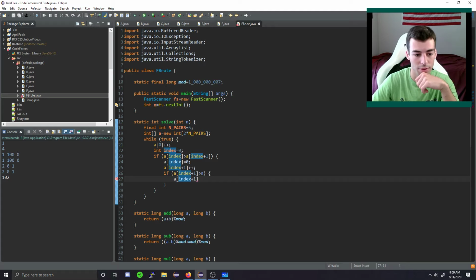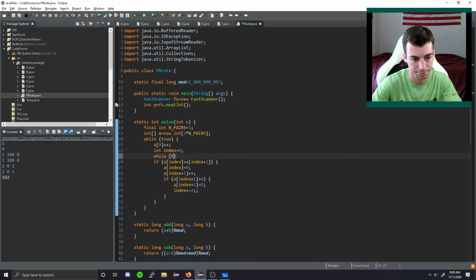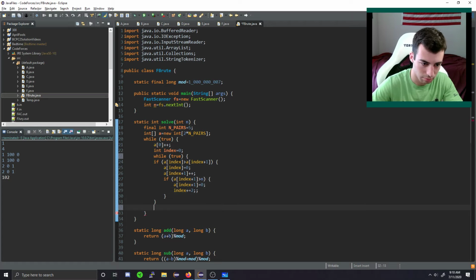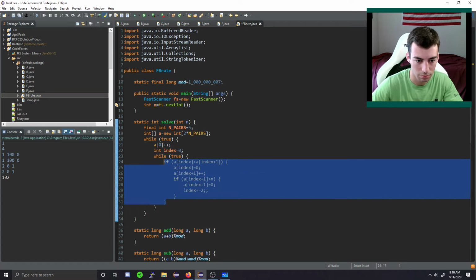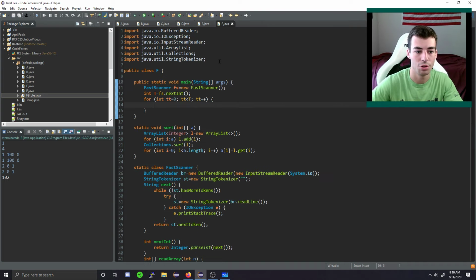Yeah, so if this next one is bigger than n, then this next one equals 0. And then index plus equals 2. What did I just do?